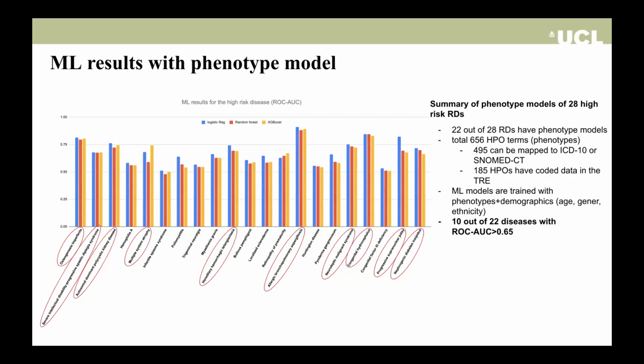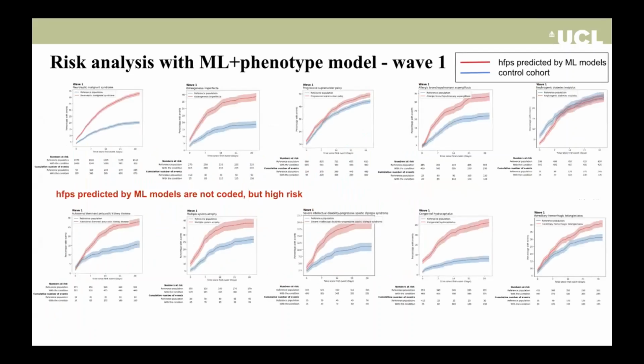Of all the 22 diseases, 10 rare diseases have relatively higher accuracy, with ROC AUC over 65%. So in the next slides, we are going to have a risk analysis on these 10 rare diseases with higher accuracy.